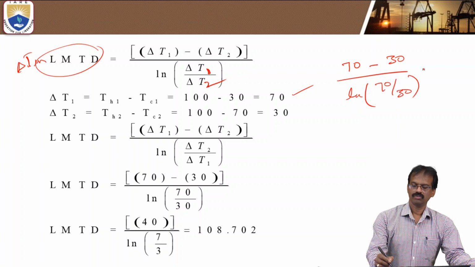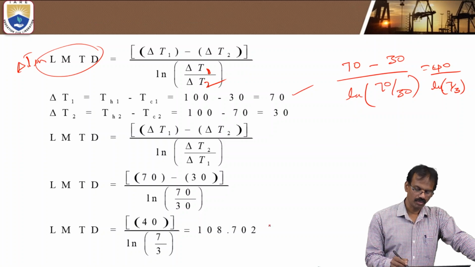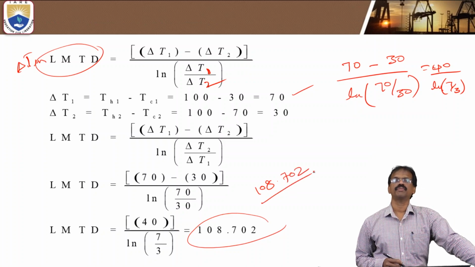So 40 by ln of 7 by 3. You know this value, that value is equal to 47.2 degrees Celsius approximately.